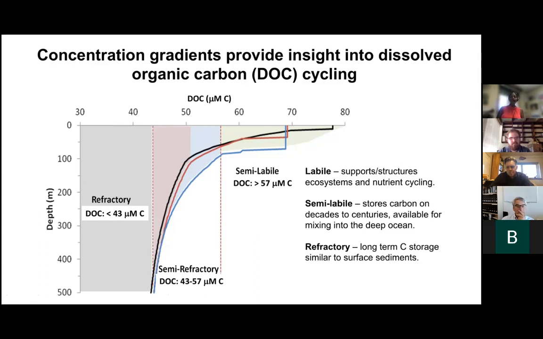Based on concentration profiles, and as you'll see, based on radiocarbon, we've assumed that this component is evenly distributed. It's present at a constant concentration up and down in the ocean, and therefore present in surface waters and a significant component of the surface water reservoir as well. This idea of a constant background is something I'll keep coming back to.